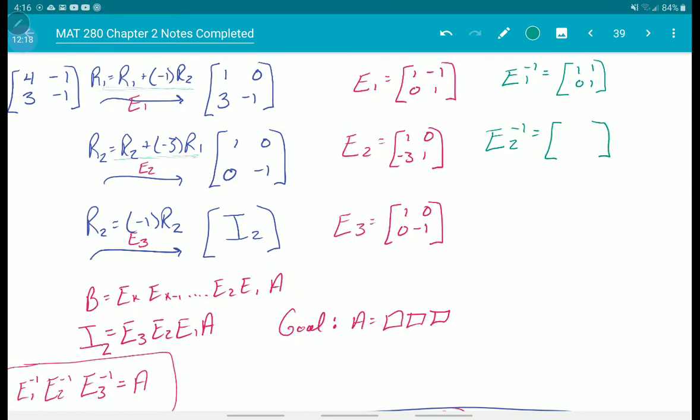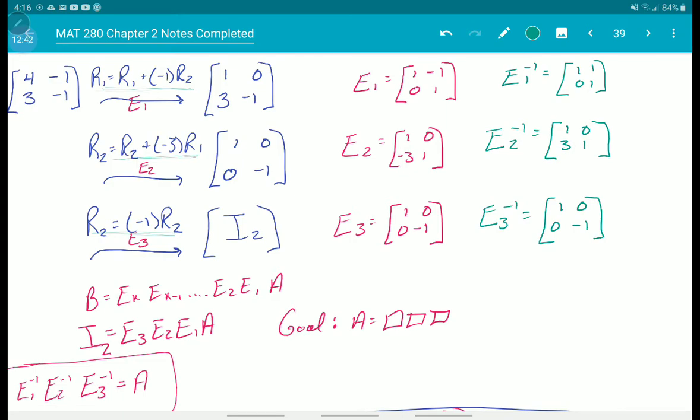So it would be row 2 is equal to row 2 plus 3 times row 1. And then E3 inverse would undo this row operation. So it would be row 2 is equal to negative 1 times row 2. So this one will end up being the inverse of itself.